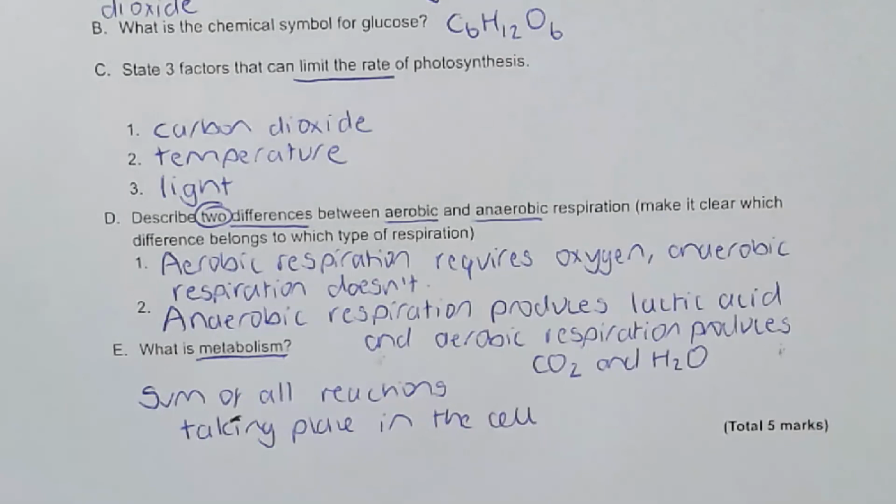You've heard of metabolic reactions, things like respiration, photosynthesis. They are all part of metabolism, building up of different substances such as carbohydrates or proteins, large molecules. That is part of metabolism. Anything that is happening in your cell is part of your metabolism.